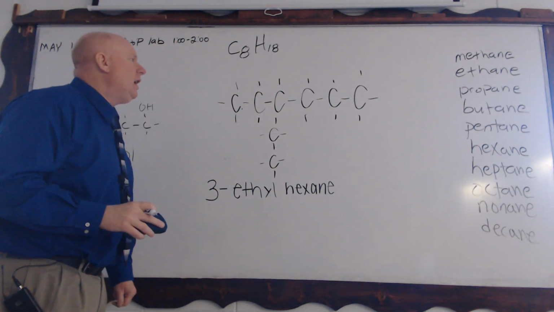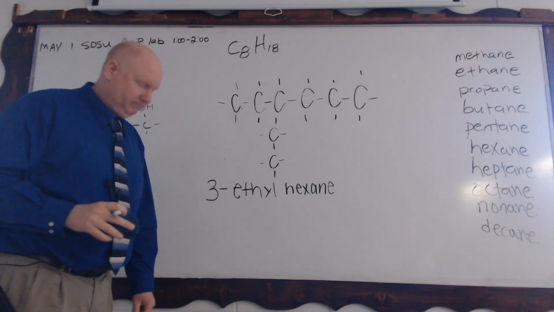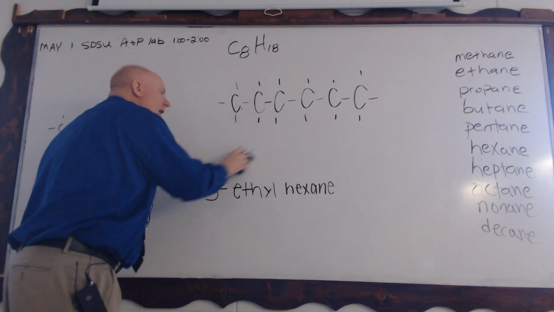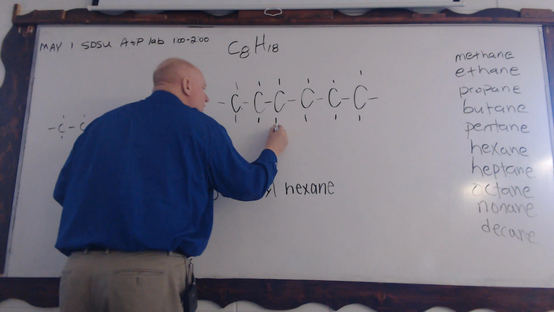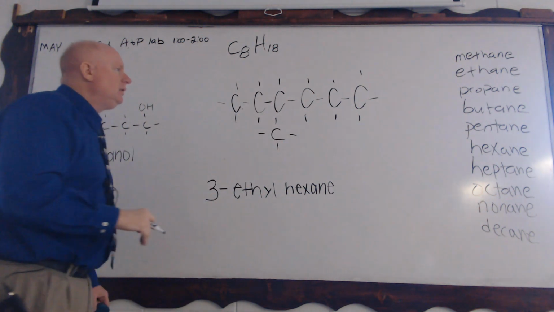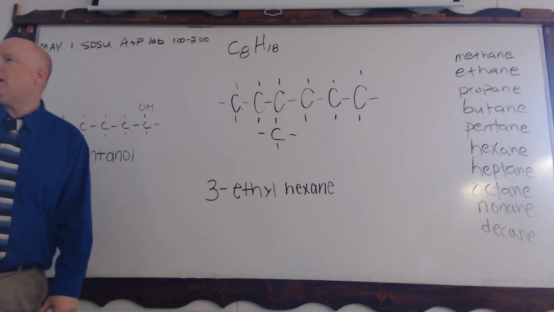Can we do a heptane isomer? Yes. Okay? Or, I'm sorry, we can leave that one on here, but then remember, I erased 2, so that means we got to put one somewhere else.